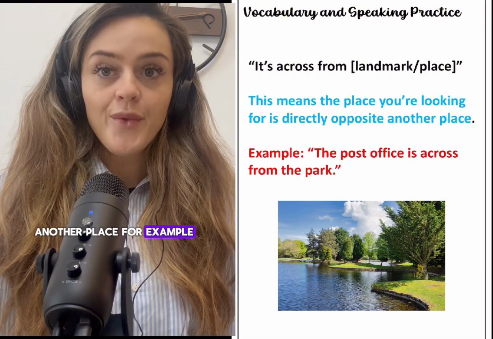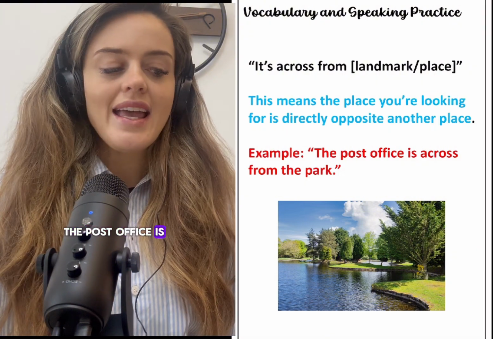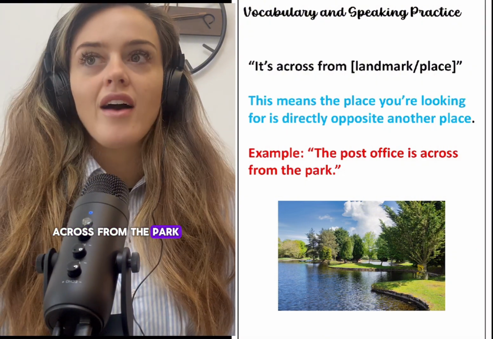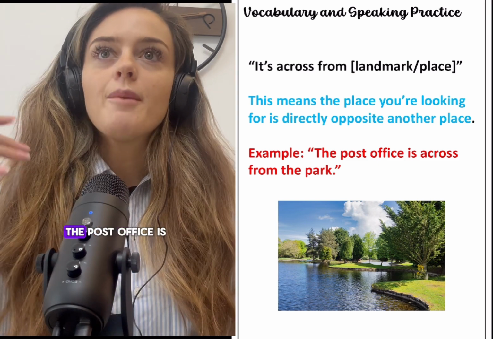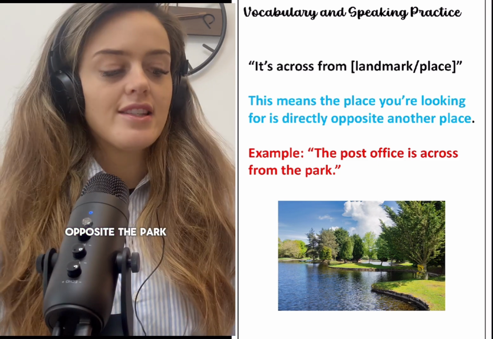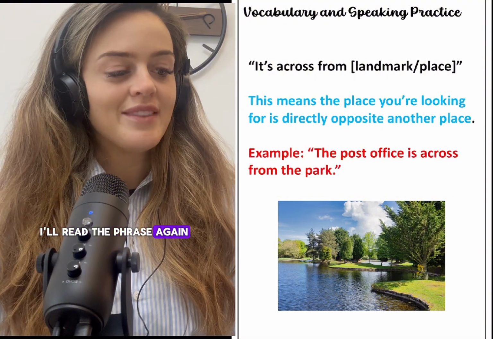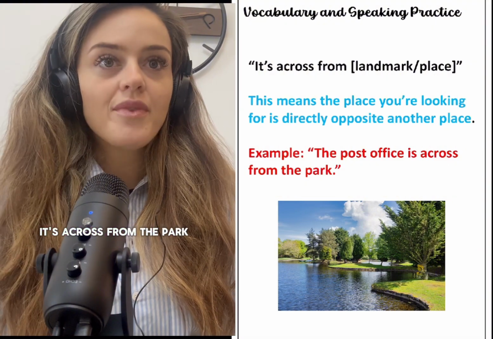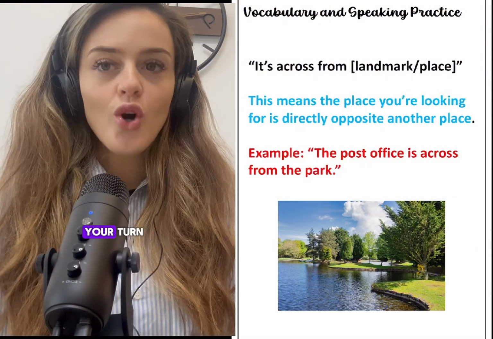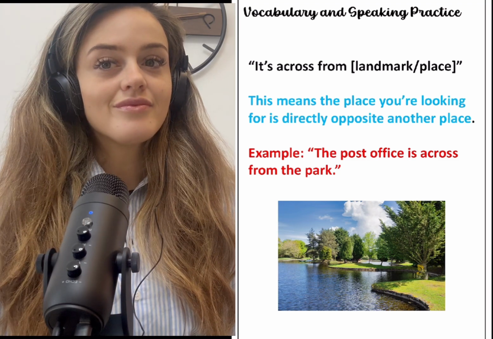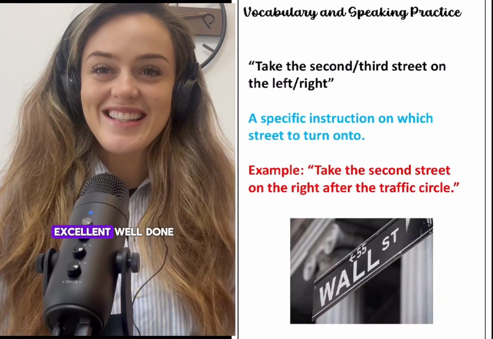For example, the post office is across from the park. Or you might hear, the post office is opposite the park. That means the same thing. I'll read the phrase again. It's across from the park. Your turn. Excellent. Well done.